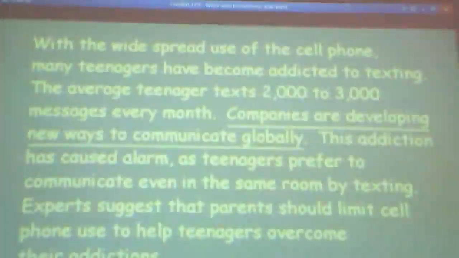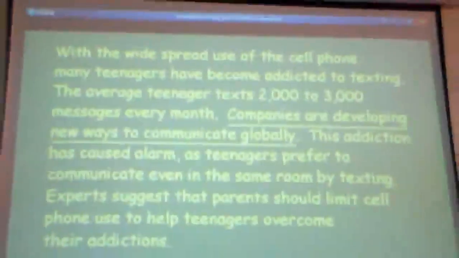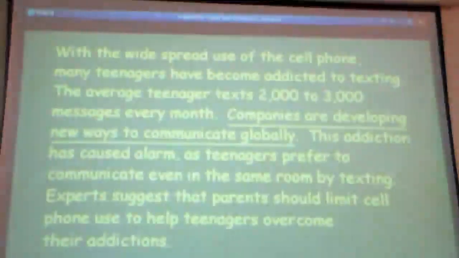This is what we mean by unity, to establish unity. This sentence is about companies developing new ways to communicate globally. It is not about teenagers becoming addicted to texting. This sentence breaks the unity of the paragraph.